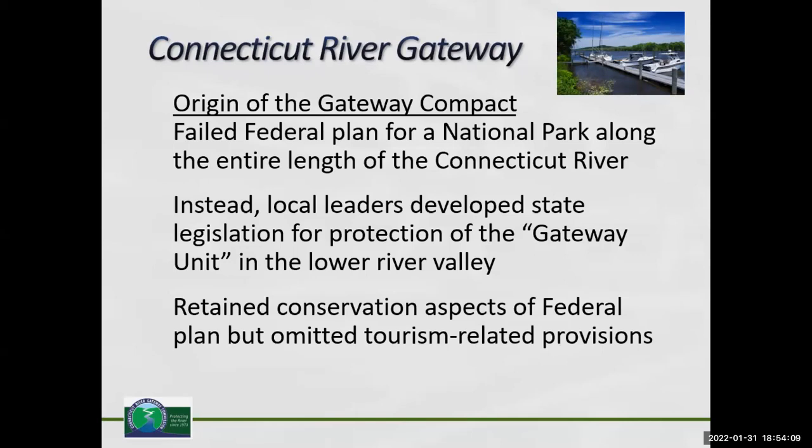And it was thought that there would be so much traffic and so many visitors that it would overwhelm our state roads and our small town centers. So the legislation that we have now in the state statutes is the conservation portion of that federal legislation.